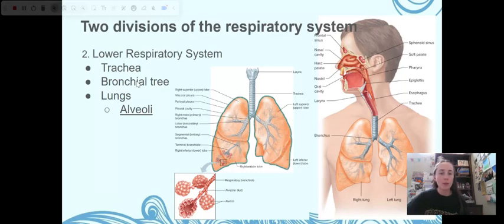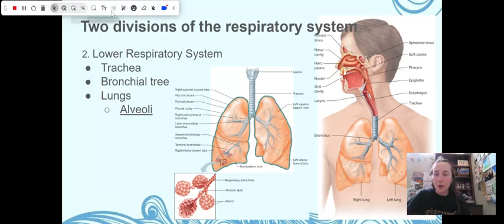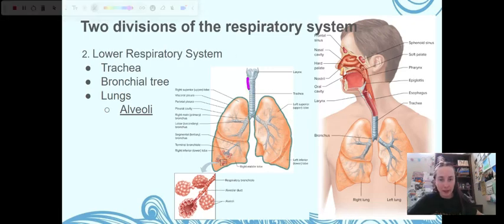Parts of the lower respiratory system are really anything from the neck down. So we're talking about the trachea, which is past the throat but still into the lungs, still getting into the lungs. So you can see it right here. The trachea. The bronchial tree is when the trachea branches off to go into the lungs.